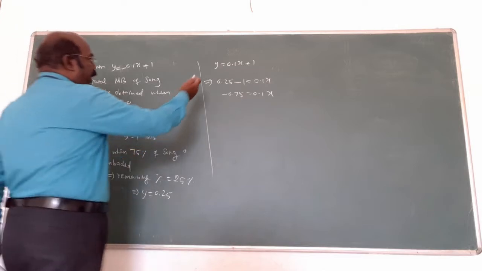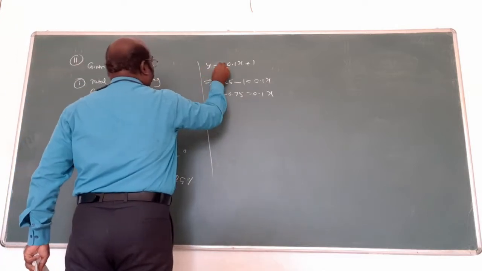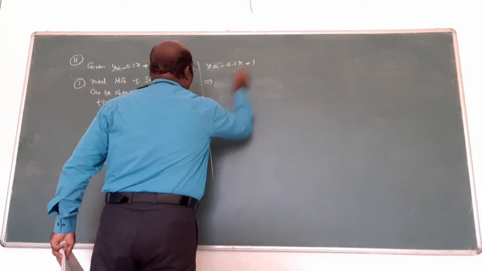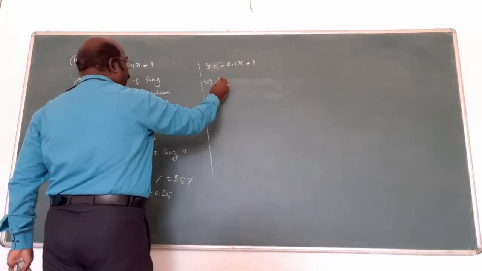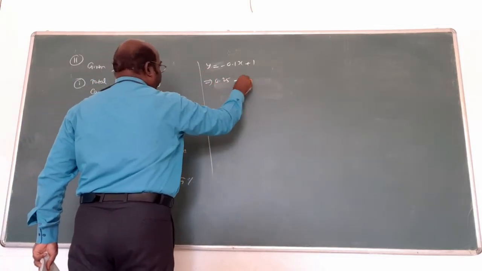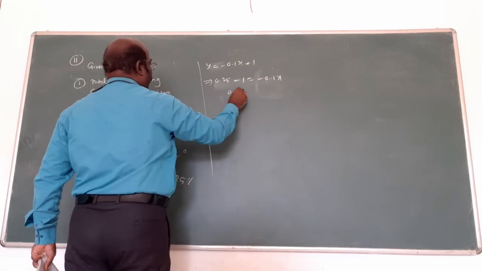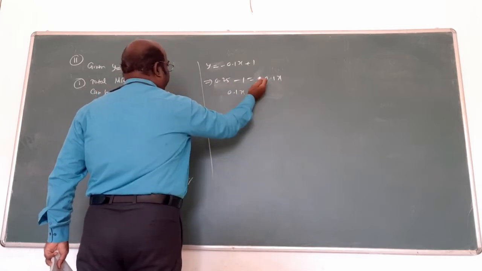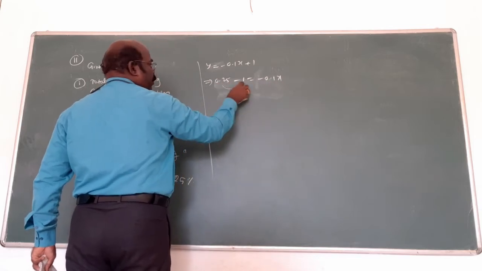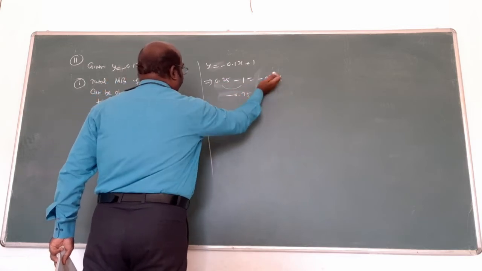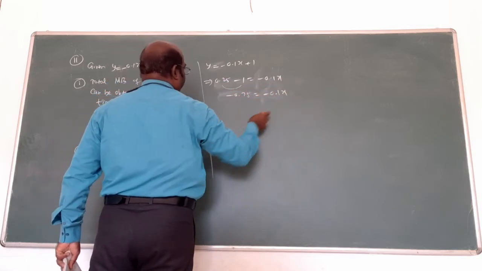This is correct. But here, what is the given value? We use minus 0.1. So our answer is, now when y is 0.25, then 0.25 minus 1 equals minus 0.1x. Here, first subtract the smaller number from the bigger number: minus 0.75 equals minus 0.1x.